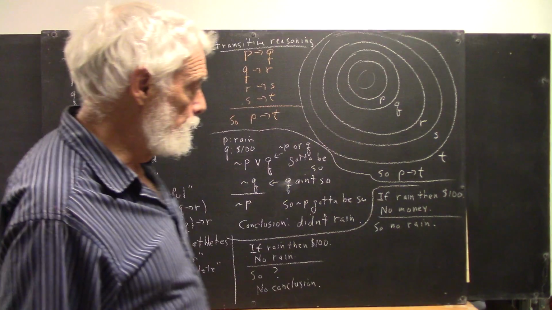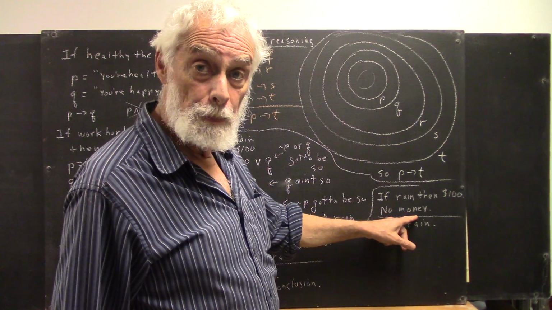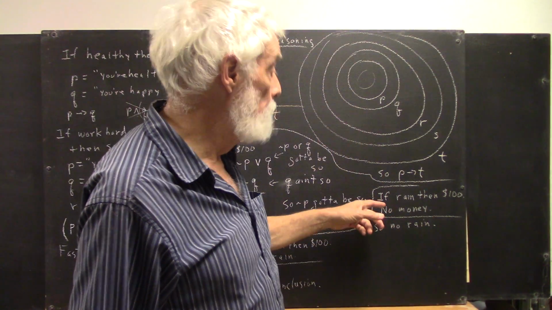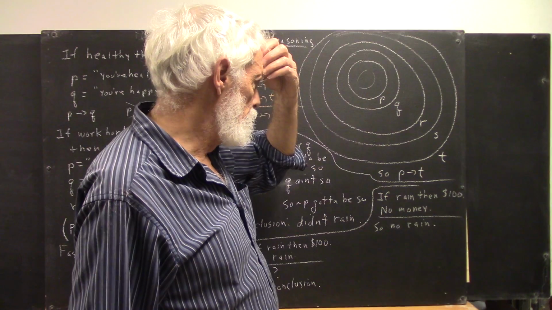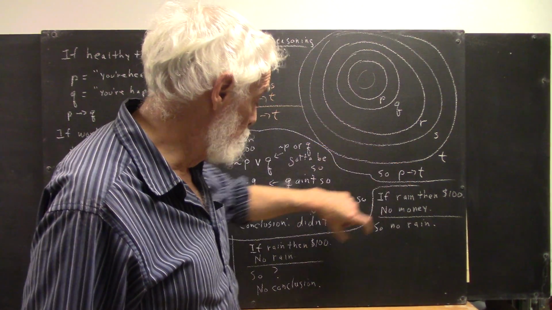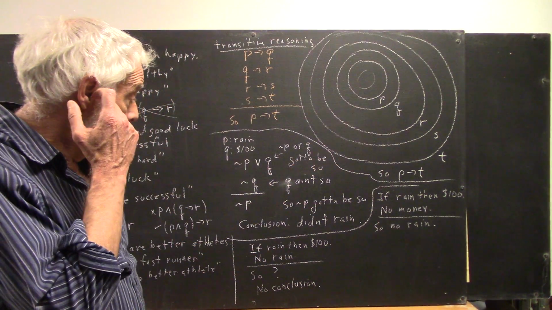On the other hand, if the statement is if rain then $100, and you don't get the money, if these statements are both true, the only way that can be is if it didn't rain, if the rain was false. So you want to be able to distinguish between these. Okay?